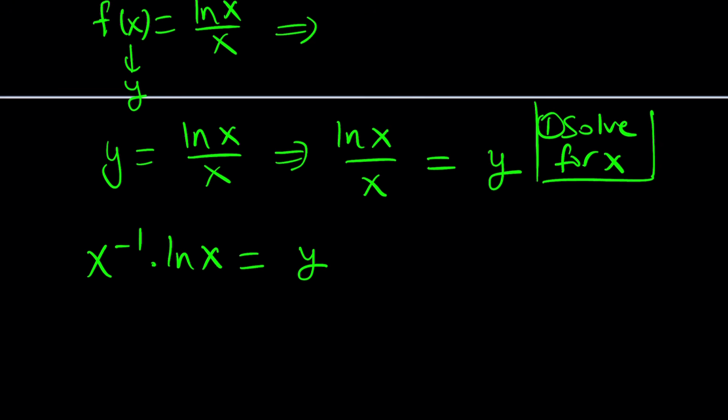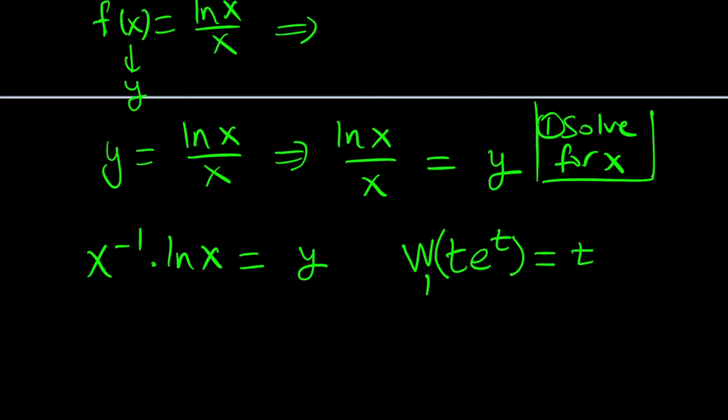Now, we want to put this in a different form, which is t times e to the t. The reason is that the function I'm going to be using is called the product log, also called Lambert's W function. Anytime you apply Lambert's W function to t times e to the t, you get t as a result.